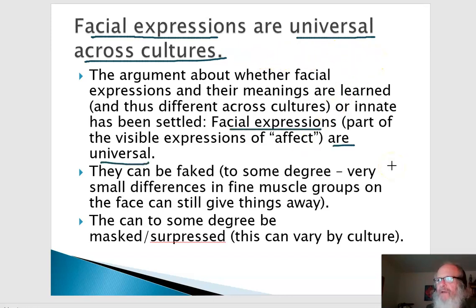They can, to some degree, be faked, and when somebody's faking a facial expression, there are sometimes very small differences in the fine muscle groups on the face that we use to form our facial expressions that can still give things away.